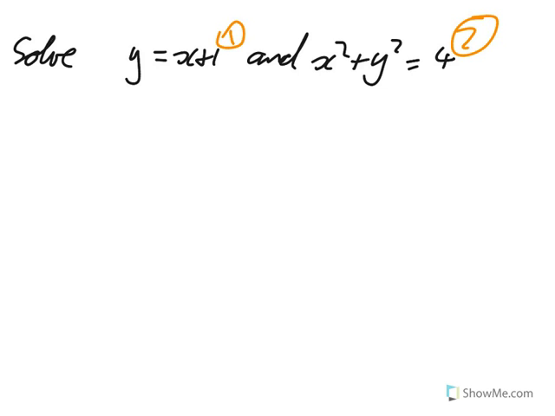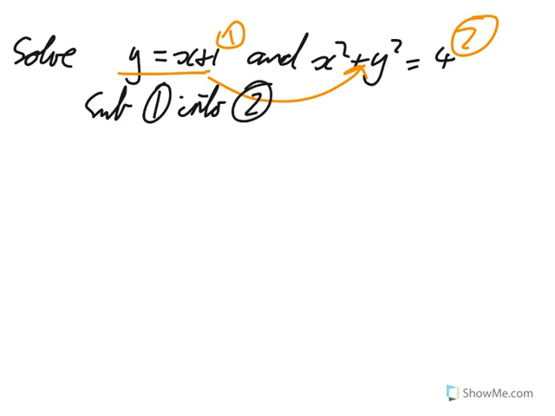In this case we're going to substitute this first one into here. Alright, so sub 1 into 2. Okay, so x squared plus (x plus 1) squared equals 4.